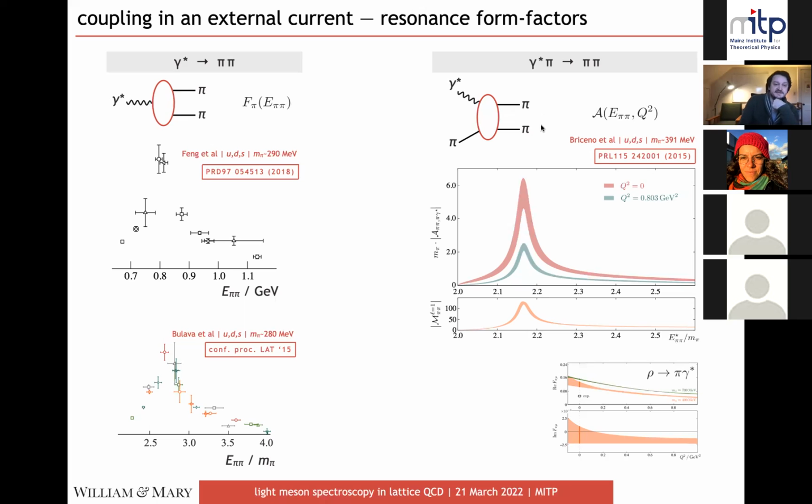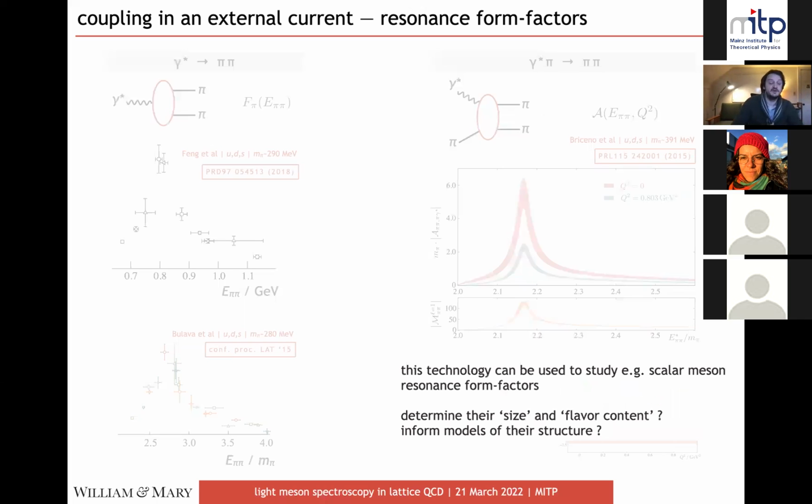And this opens up an interesting possibility of computing not just things that can be measured in experiment, but things that can't easily be measured. So for example, one could use this technology to study scalar meson resonance form factors with vector current or other currents, analytically continue to the resonant pole and study the virtuality dependence.